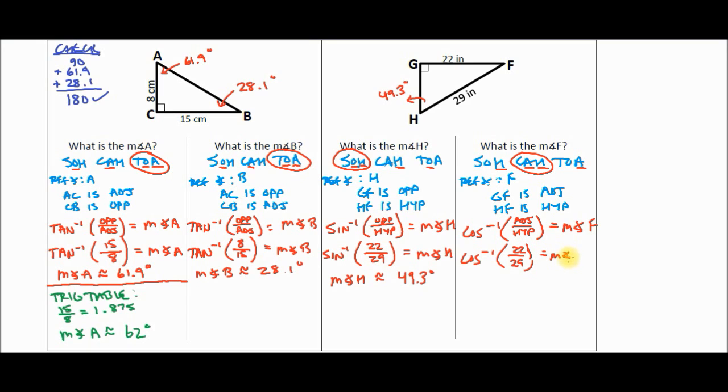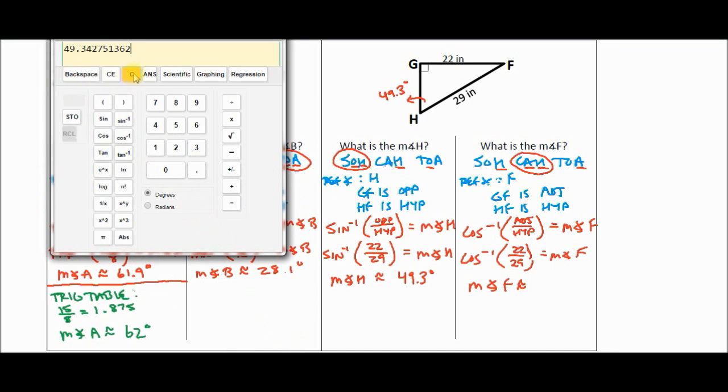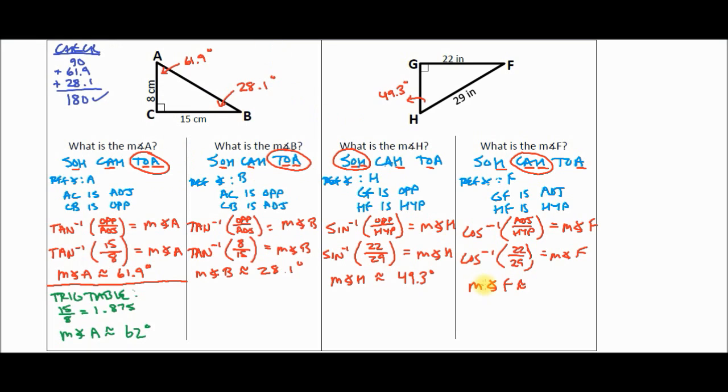That's going to be the measure of angle F. And that means the measure of angle F is approximately, let's plug that into our calculator. Inverse cosine of 22 divided by 29 equals 40.65. We're going to round it up to 40.7. So this is 40.7 degrees. Let's label that.